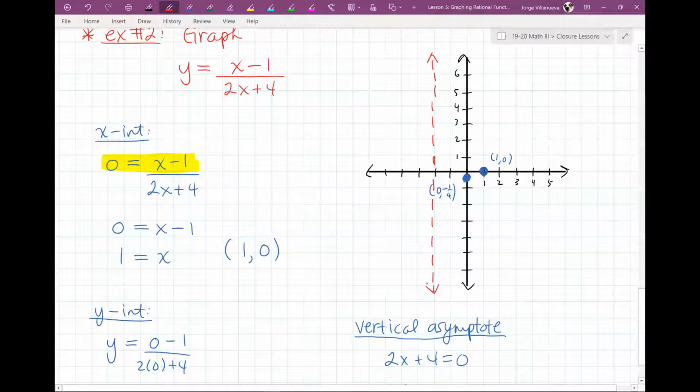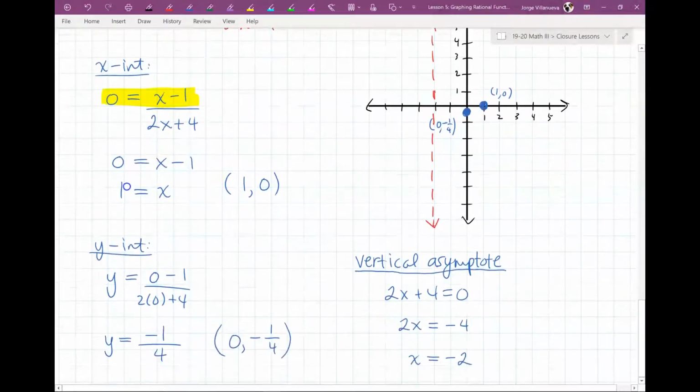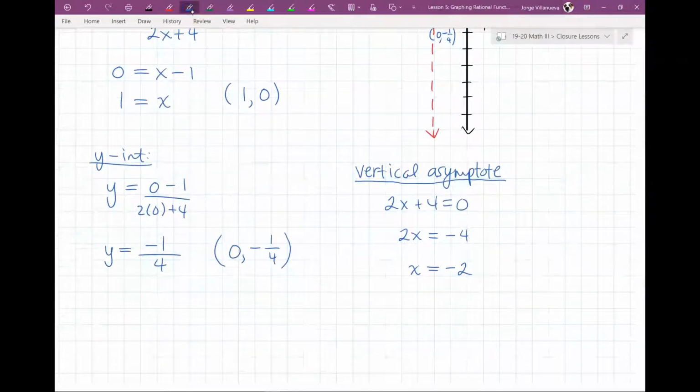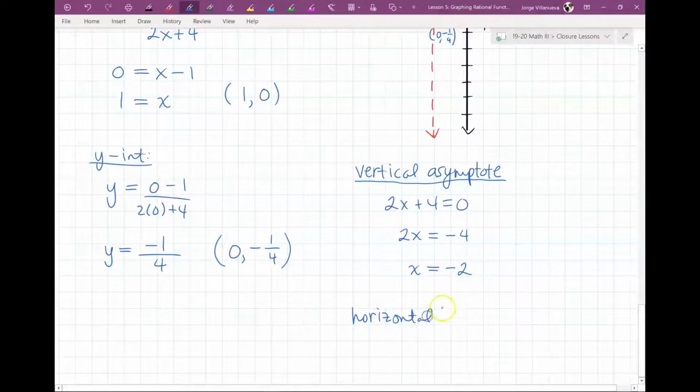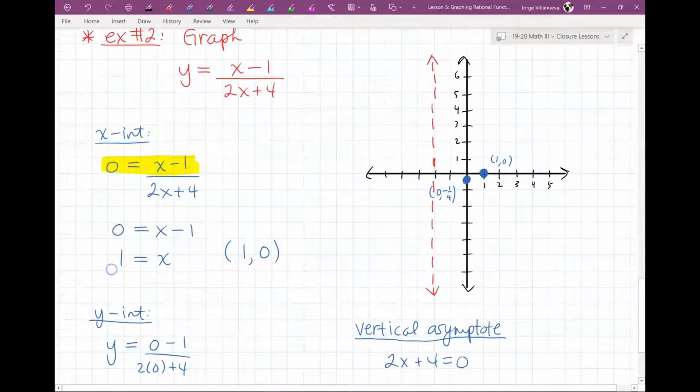Now I have to do the horizontal asymptote. Basically, we have to look at the definition. Y equals x minus 1 over 2x plus 4, and we ask ourselves, does the numerator have a higher degree than the denominator?